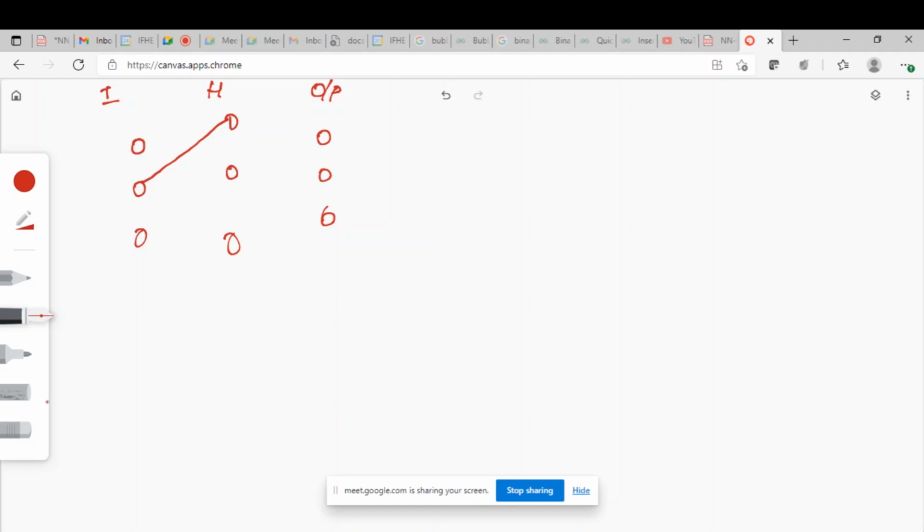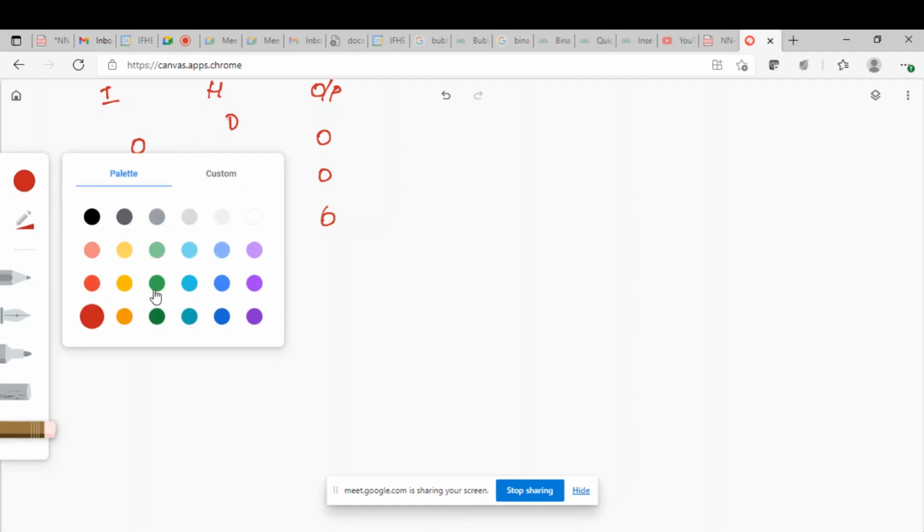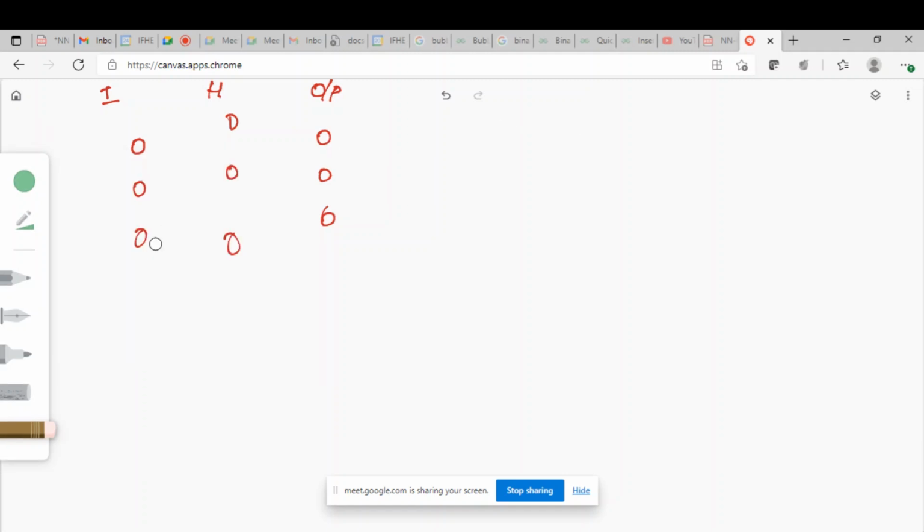So let me use a different color for the links. If you see this particular neuron, this will be connected to this neuron of the hidden layer. It will be connected to this neuron. It will be connected to this neuron.